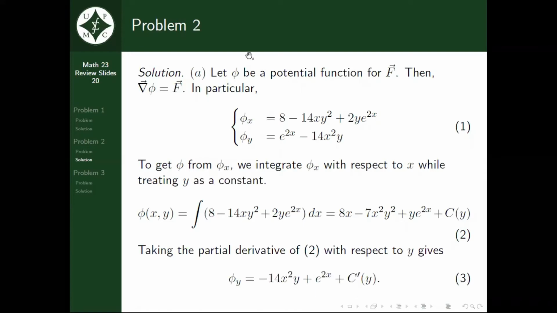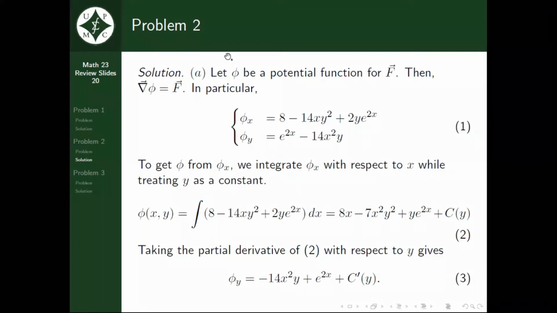Now note that this can be c prime, because this function is of y alone. It's like ordinary differentiation.